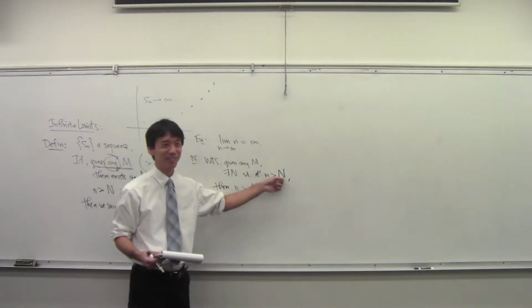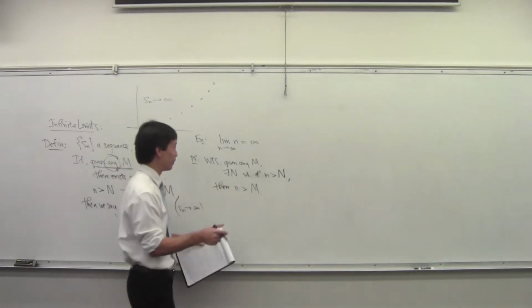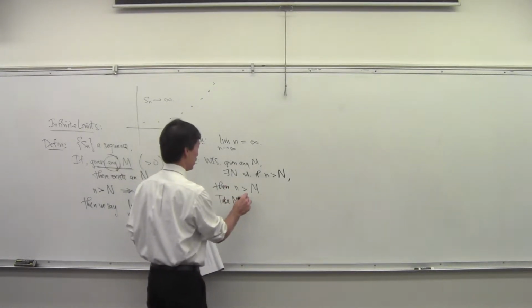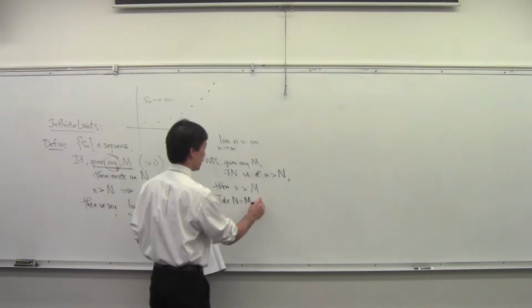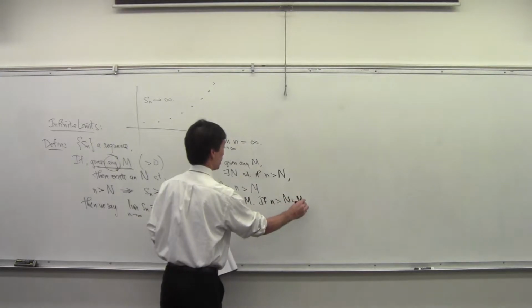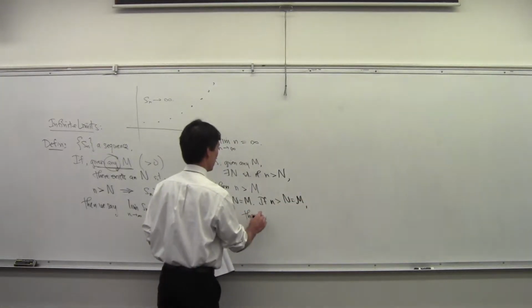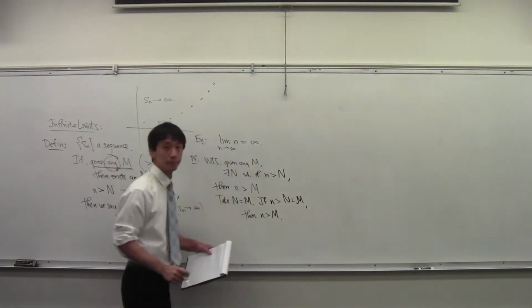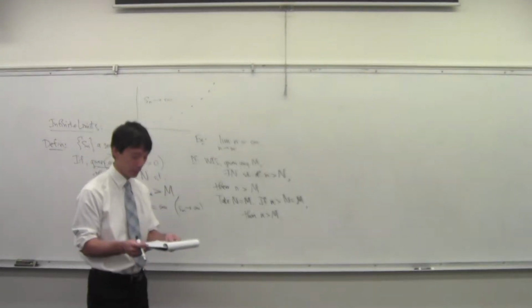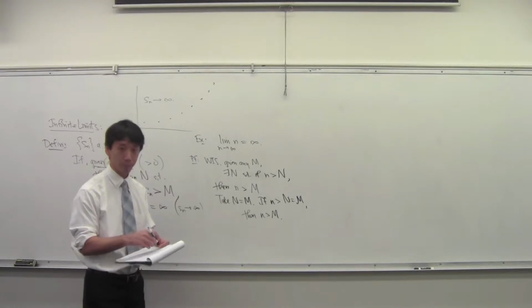M. So take N to be M itself. Certainly if n exceeds N, which is M, then n is bigger than M. So the limit is infinity here.